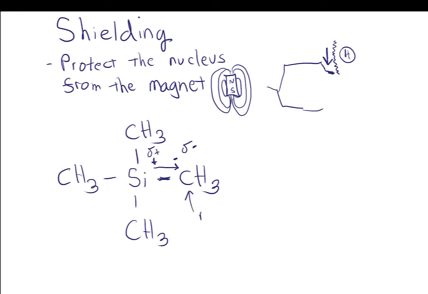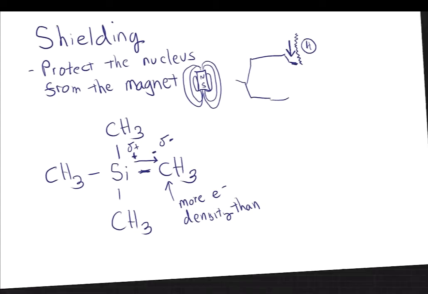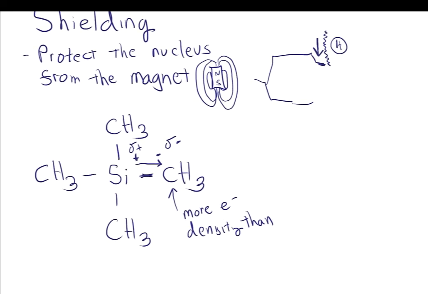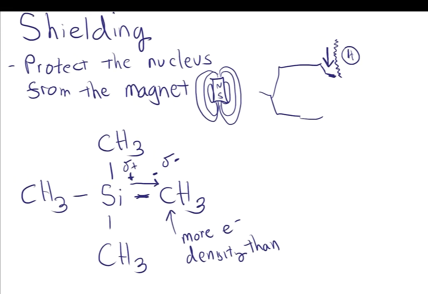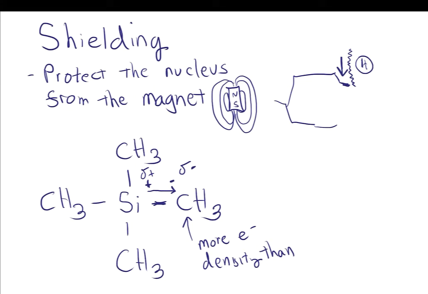So shielding comes about in a silicon-containing species because the silicon actually is less electronegative than a carbon. And a lot of people say it's more electropositive, but it's just two sides of the same coin, okay? Silicon effectively pushes electron density from itself toward the carbon. And in doing so, that makes the carbon more rich in electron density, say compared to a straight old hydrocarbon.